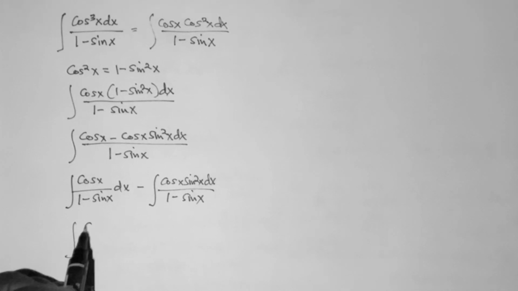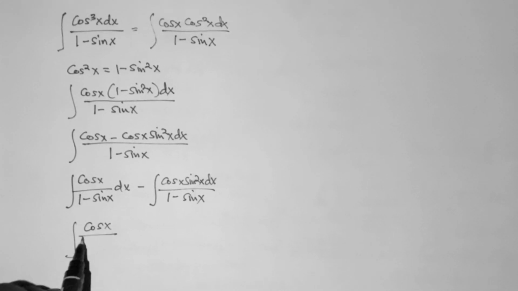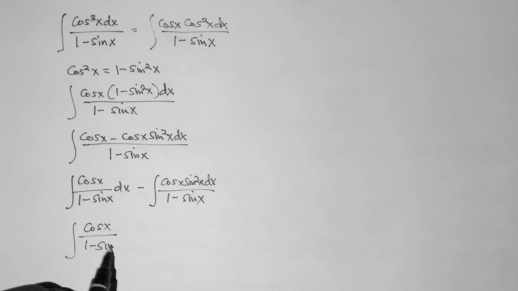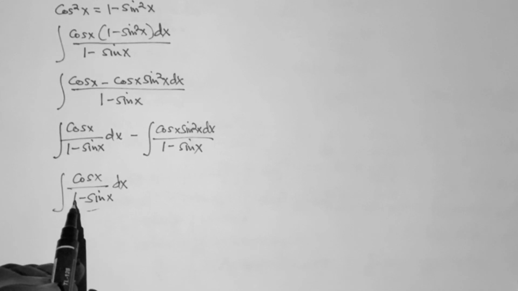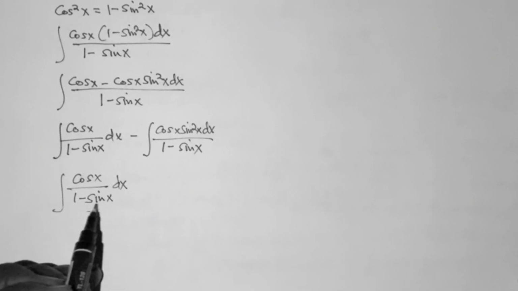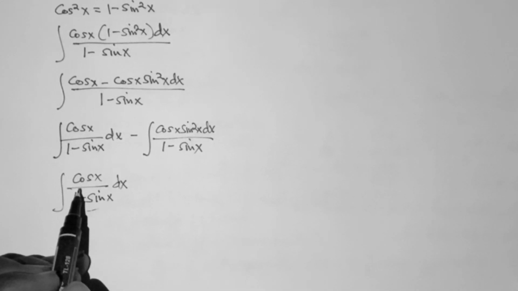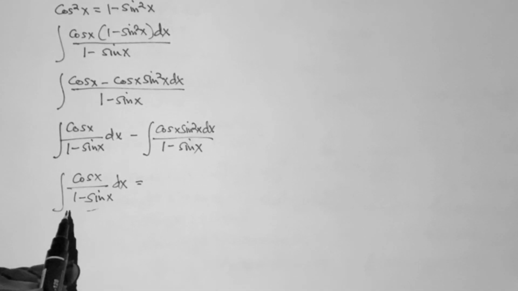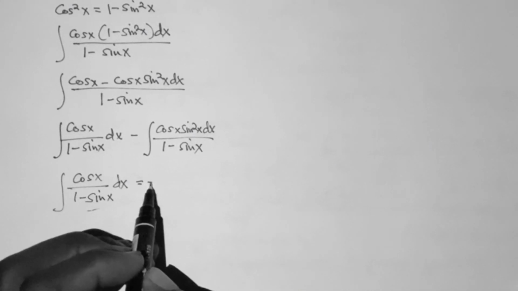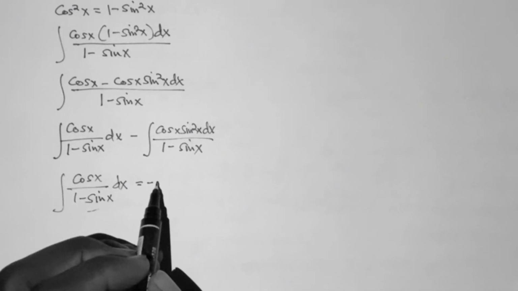What is the integral of cos x divided by 1 minus sine x dx? You see that when we differentiate 1 minus sine x, differentiating 1 is 0, and differentiating minus sine x, you get minus cos x. So we need to make the numerator look like the denominator so that we can use the natural log. So I'll factorize minus 1 out.